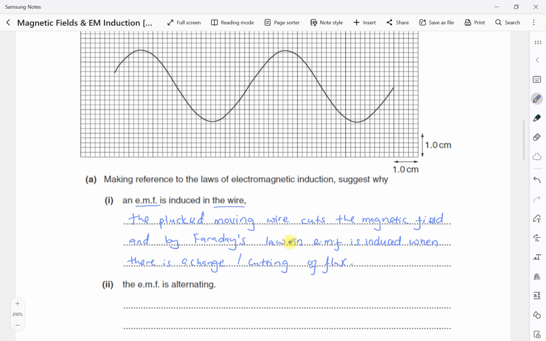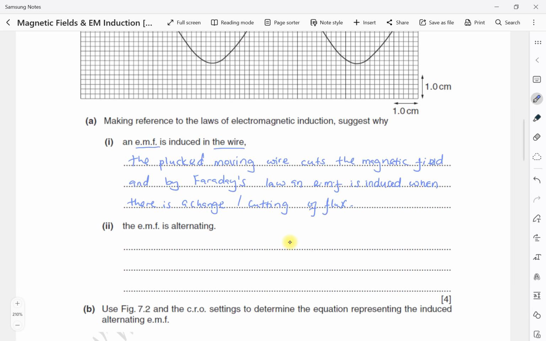So the moving wire is going to intercept the field lines of the magnet, and therefore this causes a change in magnetic flux linkage, and by Faraday's law, an e.m.f. is going to be induced.